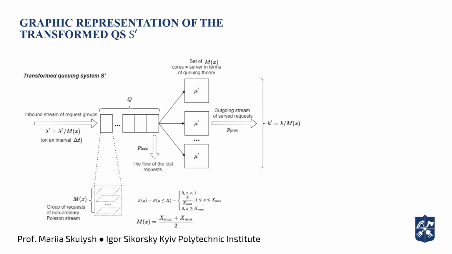For example, requests can be grouped, and we can model these groups of requests as a Poisson stream, where we can have zero or a lot of requests at the same time.